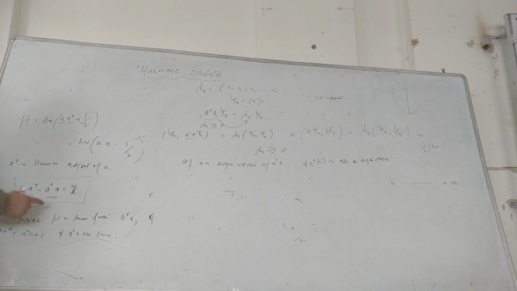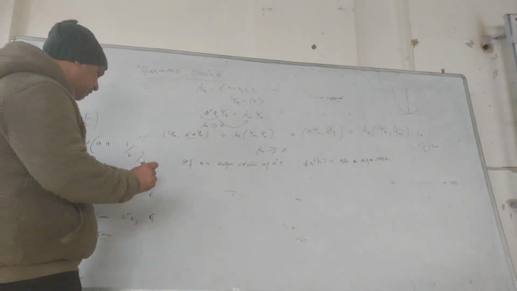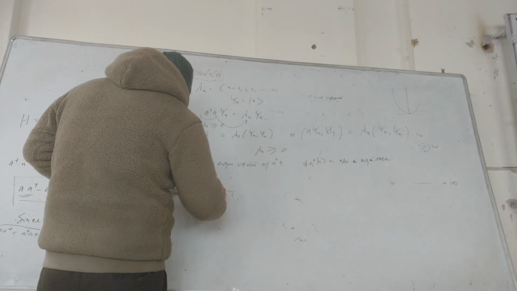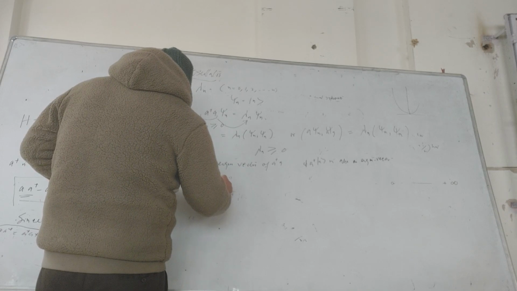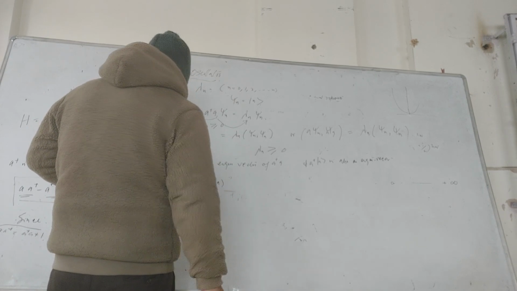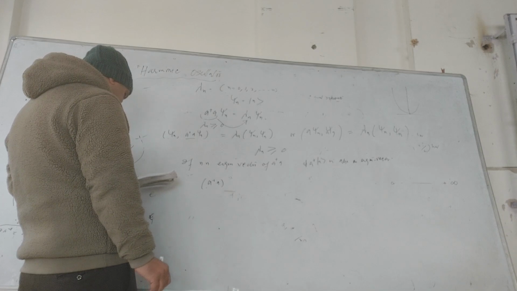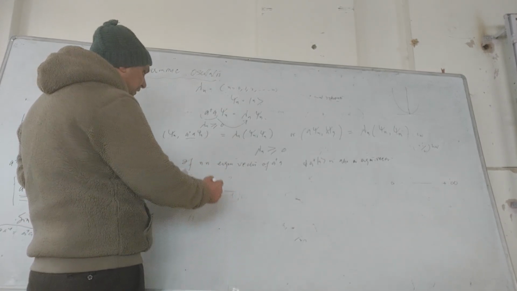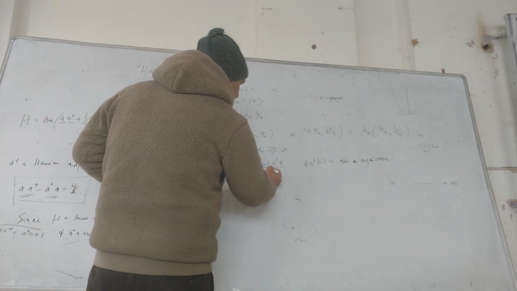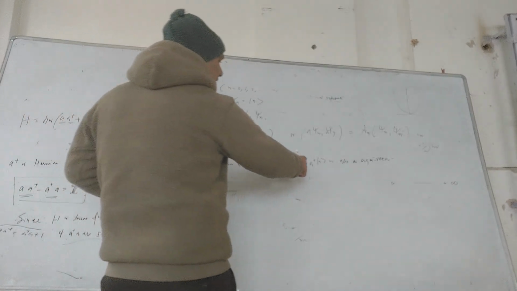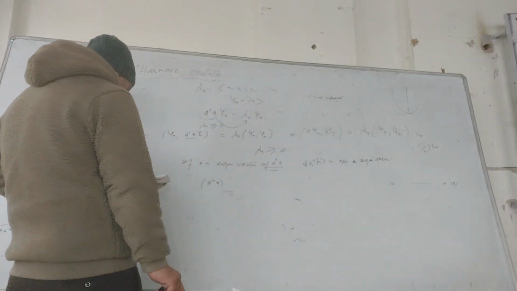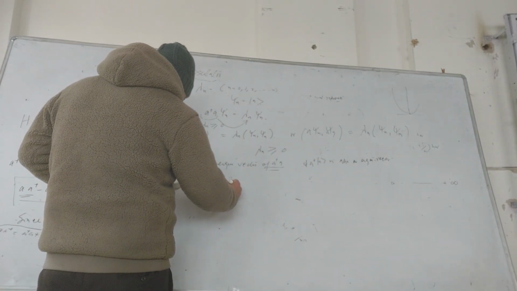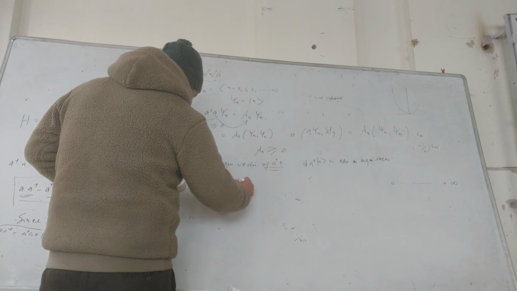We substitute this here. If psi n is an eigenvector of A dagger A, then for A dagger psi n we get A dagger A and A dagger acting on psi n.